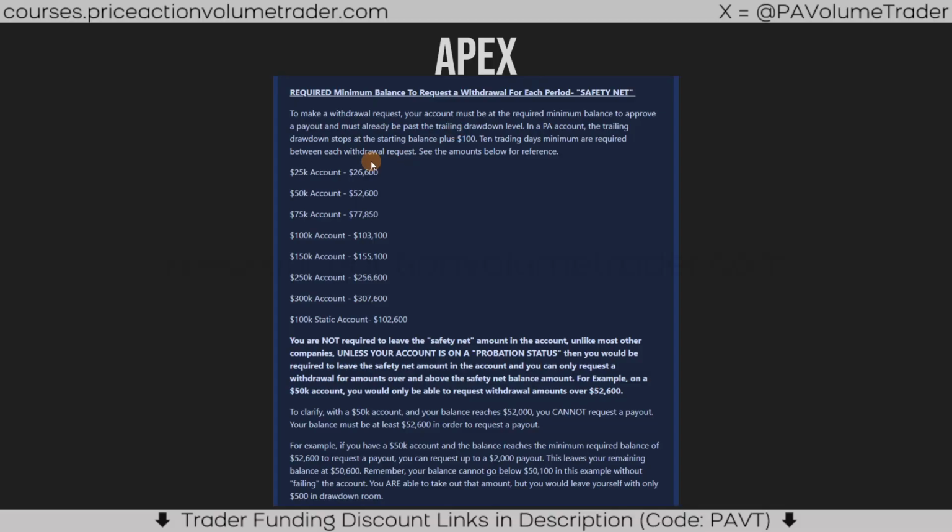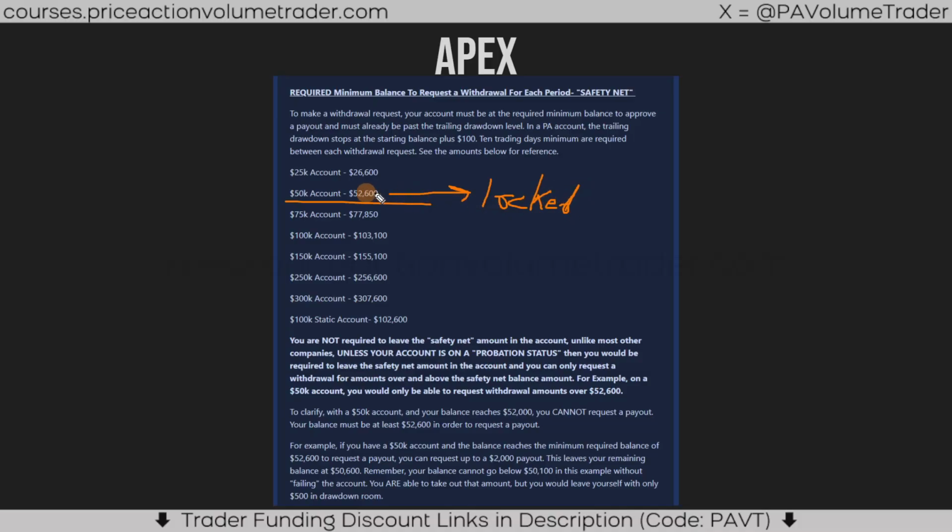With Apex, there is a minimum threshold you need to have in order to make a request for a payout. So let's say for the 50,000, it would be a $52,600 balance. And once you reach this balance, this is when your trailing drawdown is going to be locked as well.